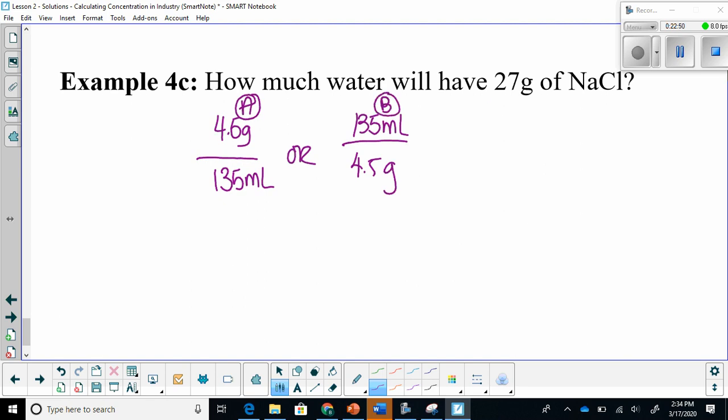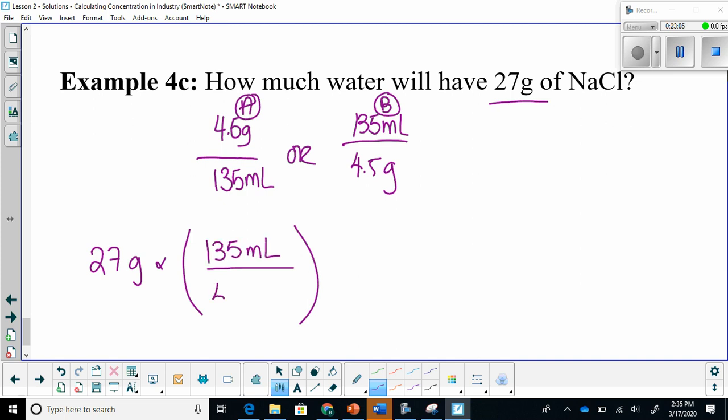We're going to start off with what was given to us in the problem, 27 grams. Now, select a ratio to complete unit analysis. This time, I'm going to choose B. So I put 135 milliliters over 4.5. Grams cancels out and I'm left with units of milliliters.